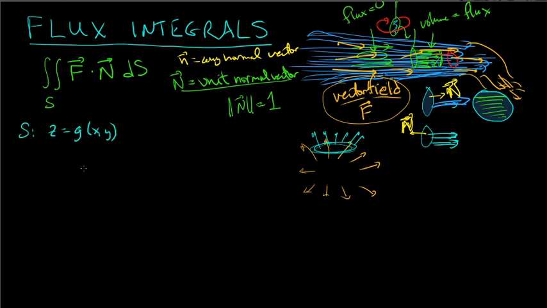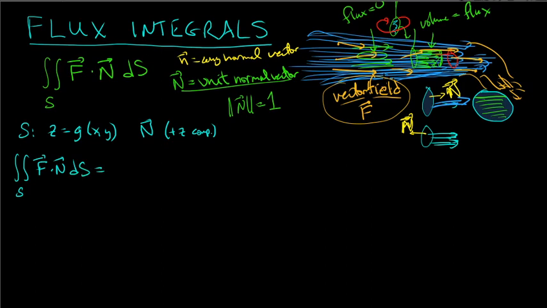It depends on whether n is pointing upward, with a positive z component. Then the flux integral of the vector field F dot n dS can be calculated as follows.